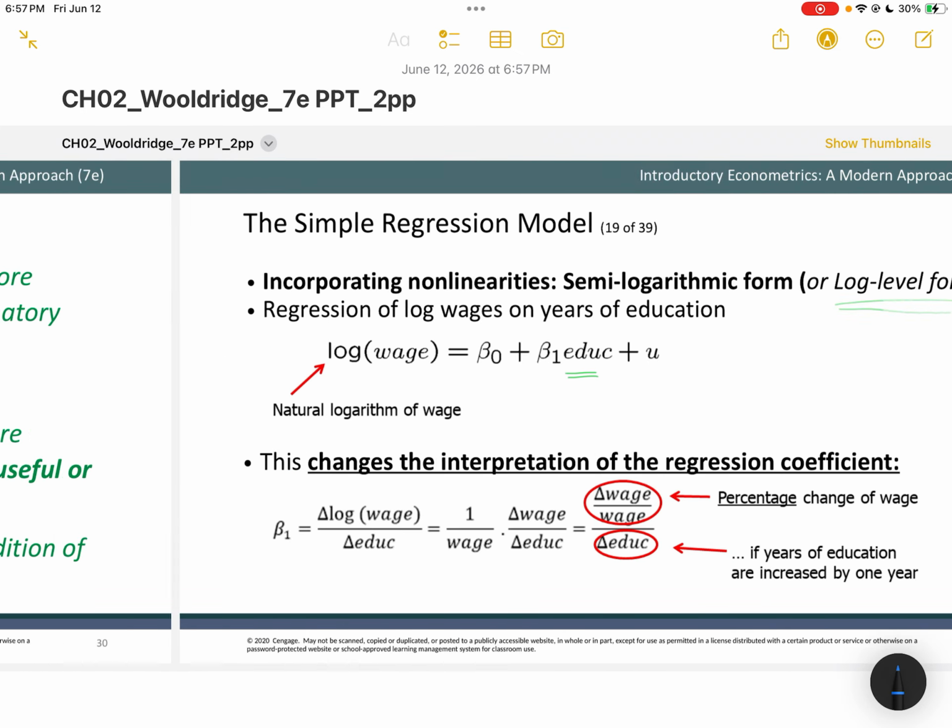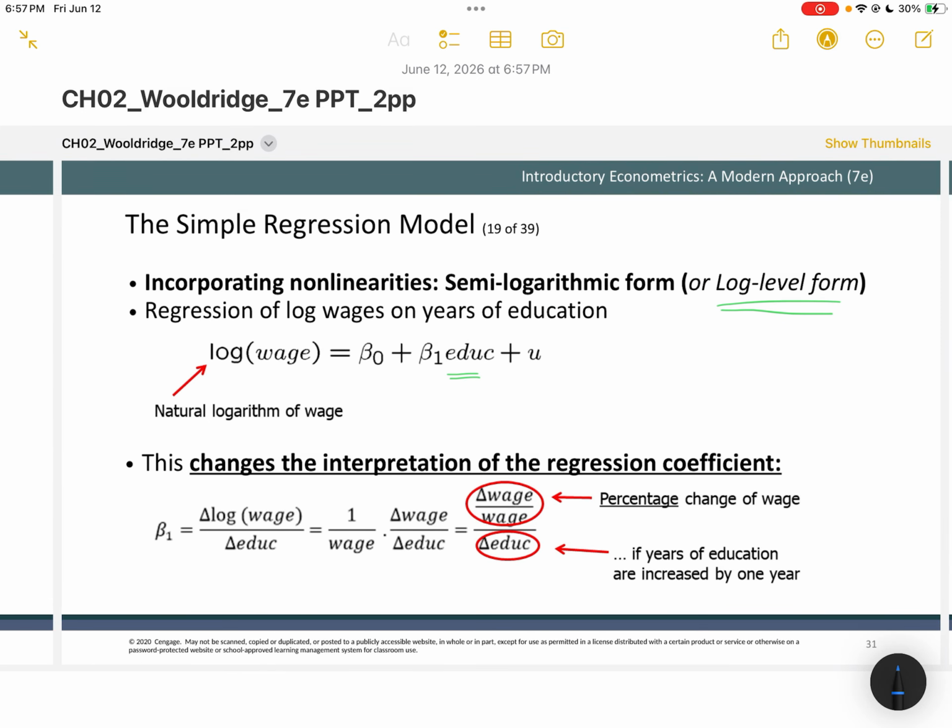Now, for a log level interpretation, just because we have that log on the y variable, we will take our beta 1 hat, whatever it is that we end up calculating in our regression output, and multiply it by 100%.